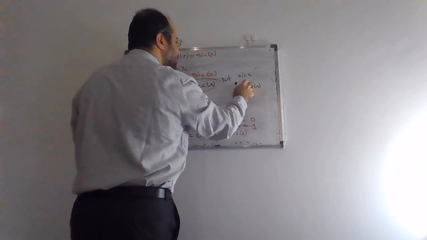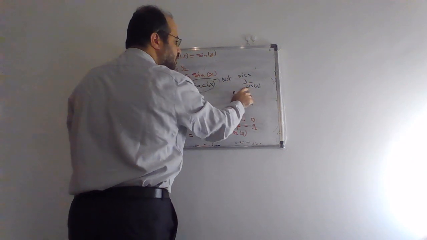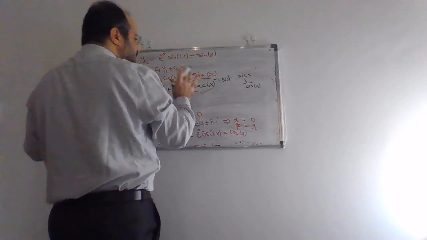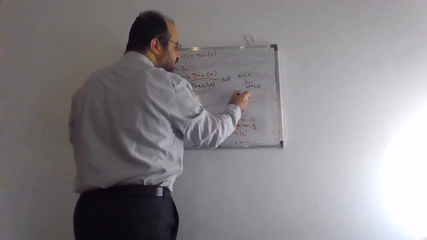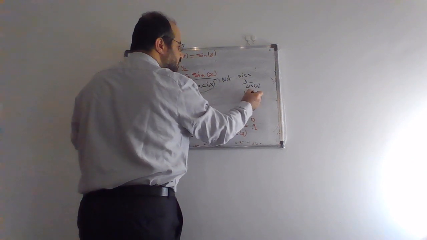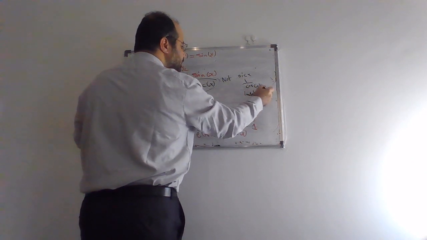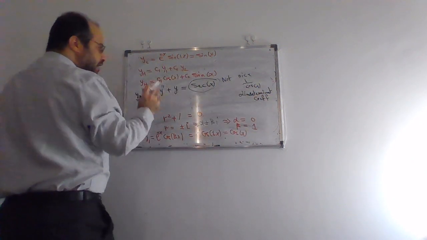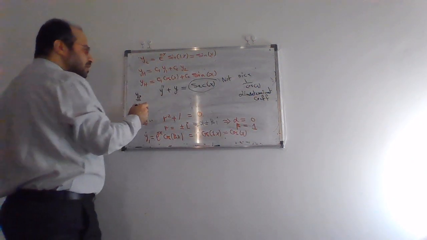It is like dividing a polynomial of degree 0 over a trig function. Then I cannot guess my solution, and I cannot go with the indeterminate coefficient method. This will not work. Then I need to go with the second method.